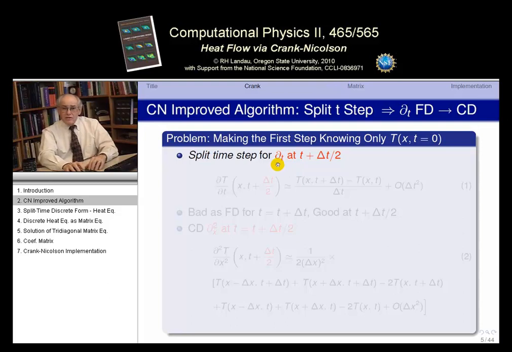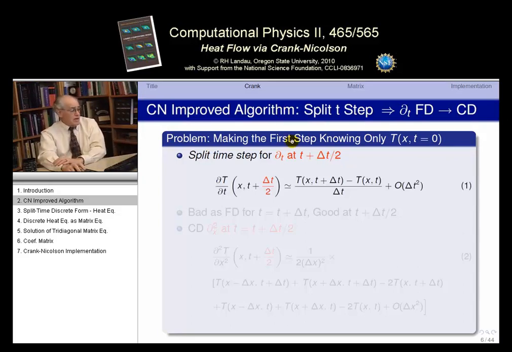So we'll evaluate this derivative, the time derivative, not at time t and time t plus delta t, but we'll be evaluating it at times t plus delta t over 2. So we'll evaluate it in the middle of a space based on the values on the lattice. So when we're done, we'll still calculate the lattice values, but the actual values of where the function might be calculated for the equation will be someplace in between. So let's do it, and then you can get an idea.